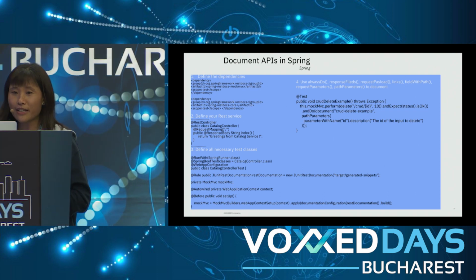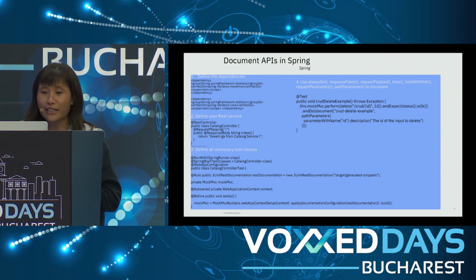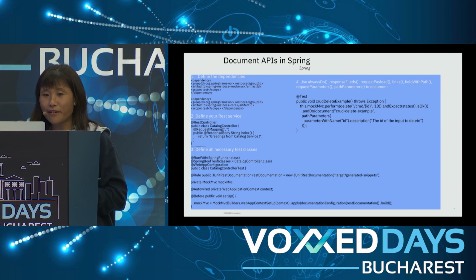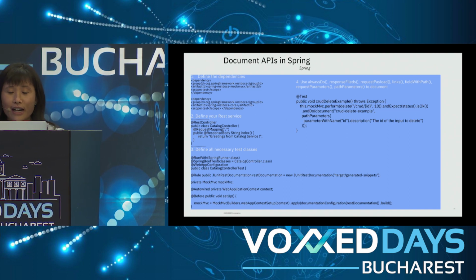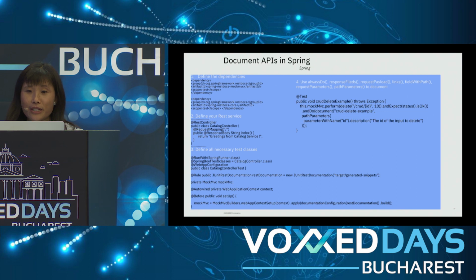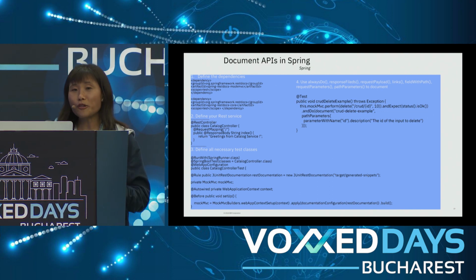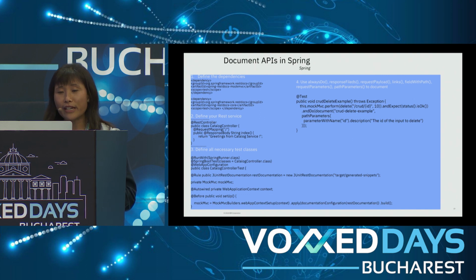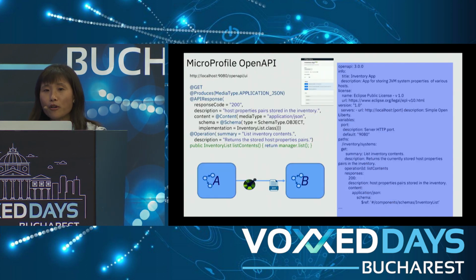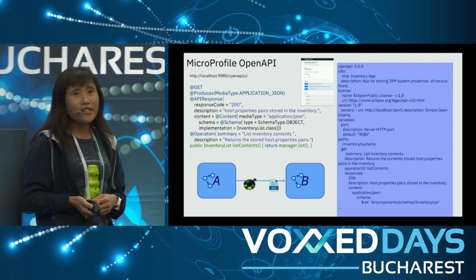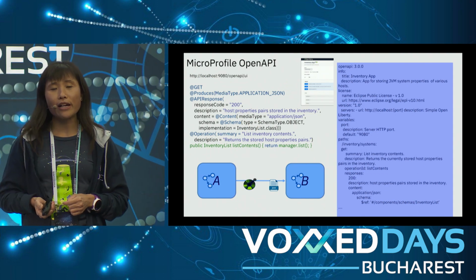So you add the dependency, and then you define the REST service. You write tests, and then you use some methods to document it. Then you do a Maven clean install and generate the doc. For MicroProfile, as I mentioned earlier, it's based on the Swagger API.